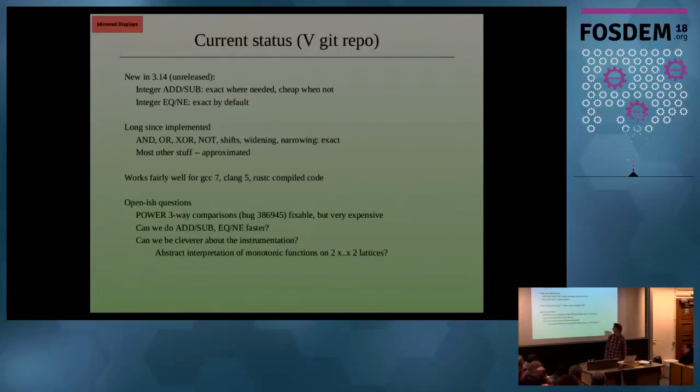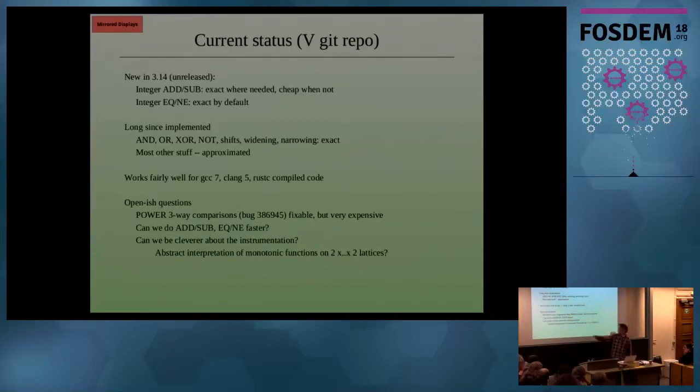Some somewhat open questions. I'm still dealing with three-way comparisons for the Power instruction set. How they do comparisons is different. Like I said, I'd like add and subtract and equality and not equality to be faster, and so maybe some clever person can figure out how to do this.